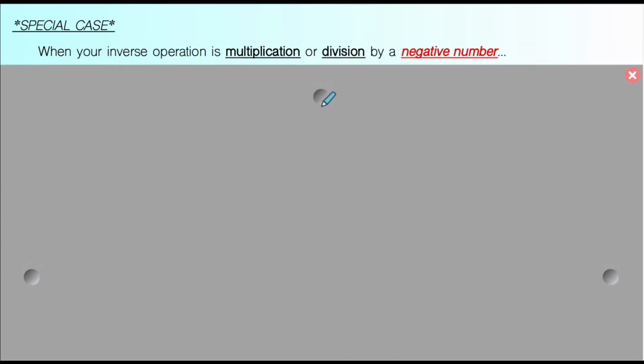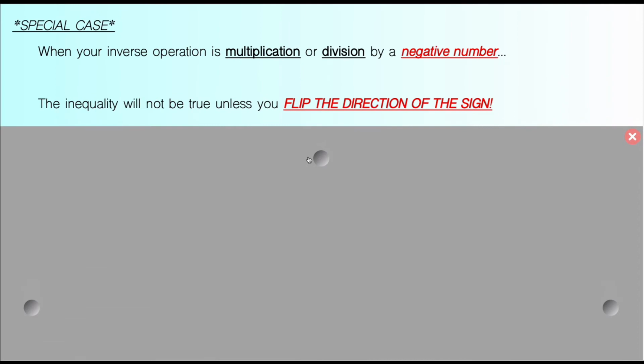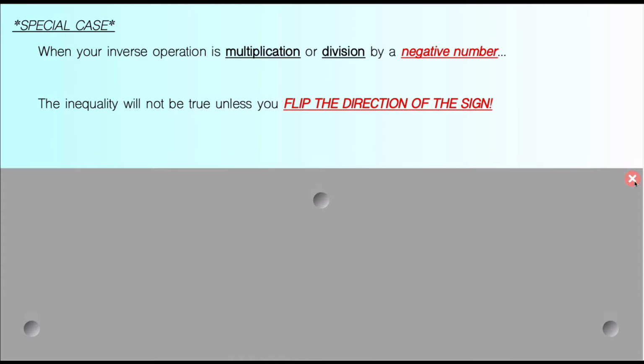If you ever have an inverse operation that is multiplication or division by a negative number, I really want to highlight that phrase, then to make the inequality true, you have to flip the direction of the inequality sign.